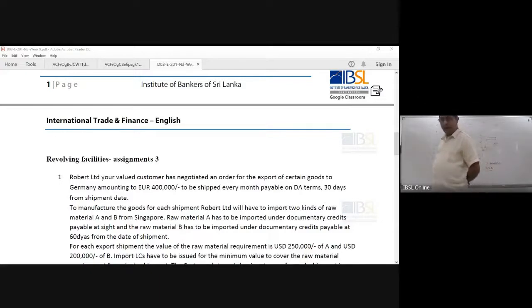Therefore, the bank has to purchase at least 4 export bills towards this customer.